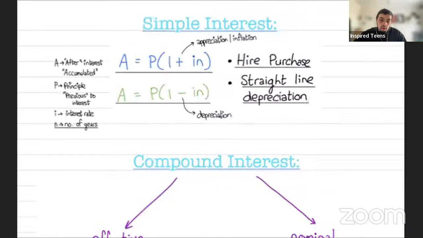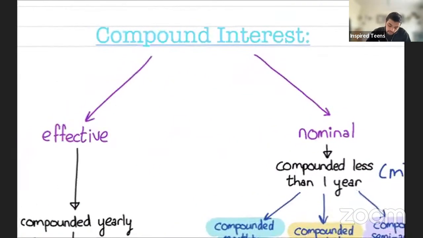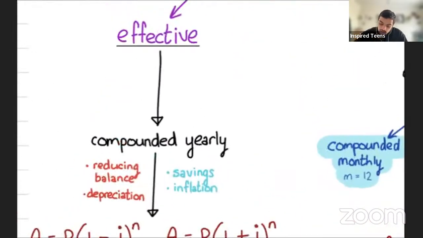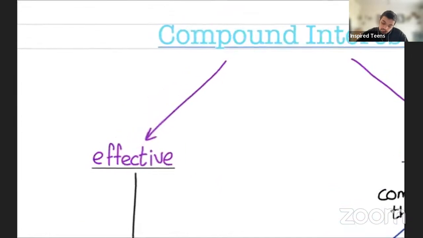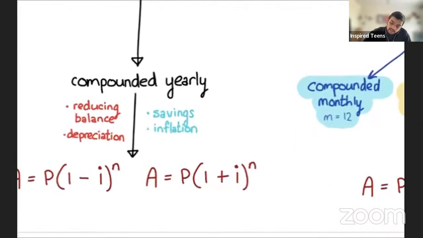Some keywords we need to look out for, right? Let's have a look at compound interest. Compound interest can be separated into two: effective interest and nominal interest. Effective interest is the most basic interest, where the key word is that it is compounded yearly.